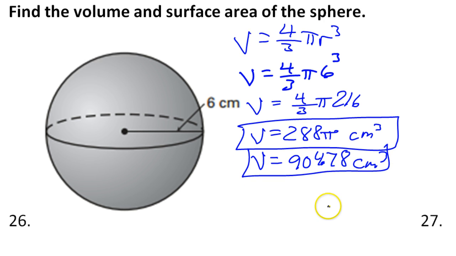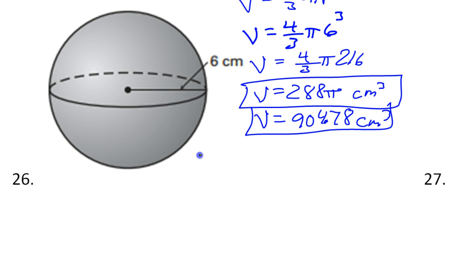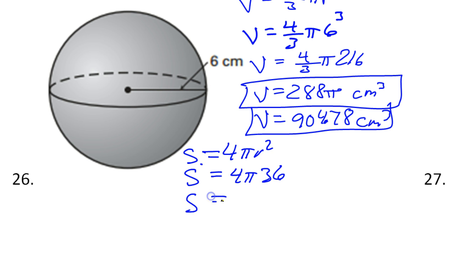Now we also need that surface area. The formula for surface area is 4 pi r squared. So that's going to be 4 pi times 6 squared. So that's 4 pi 36.